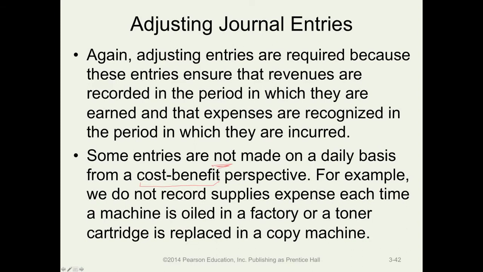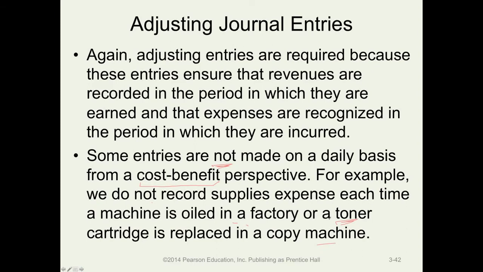So from a cost perspective, it's too costly to have someone take an inventory every time you want to find out the office supplies that remain. So again, thinking about another example, in a factory, you would not record supplies expense used in a factory, or again, a toner cartridge every time you change it in the copy machine.